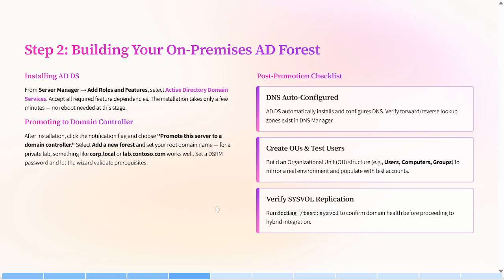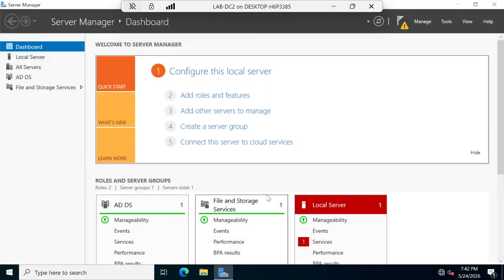Okay. After installation is done, click the notification flag and choose promote the server to a domain controller. So I'm going to that server. Here you can see the notification, a yellow mark is there, right? This is the notification.